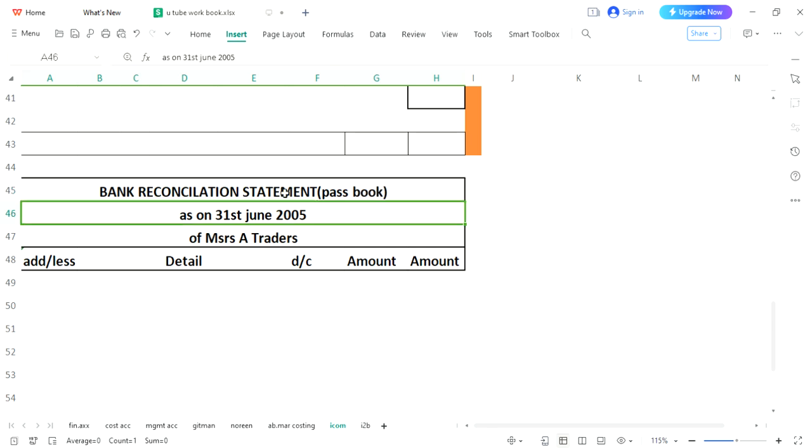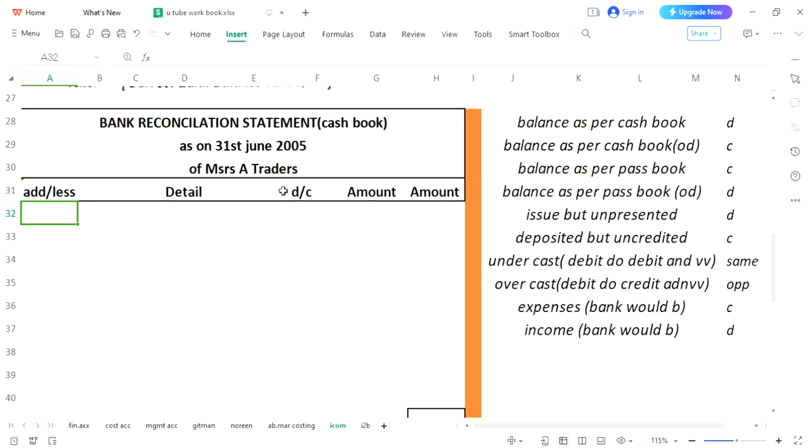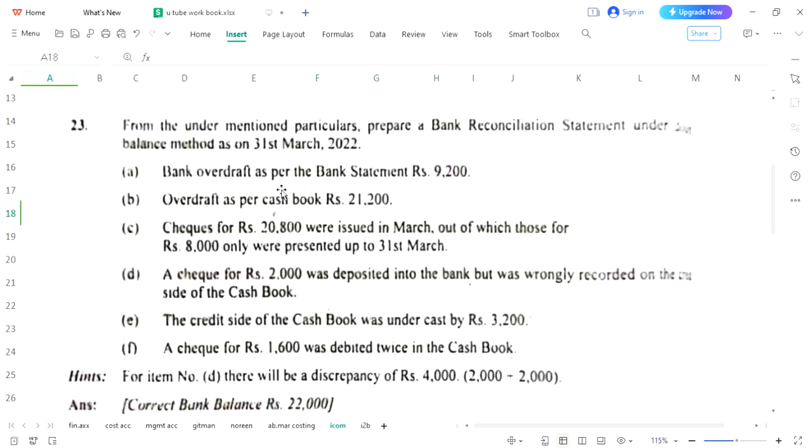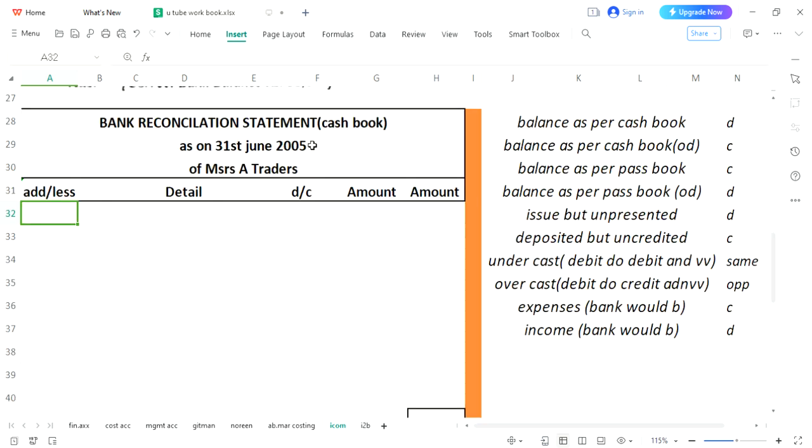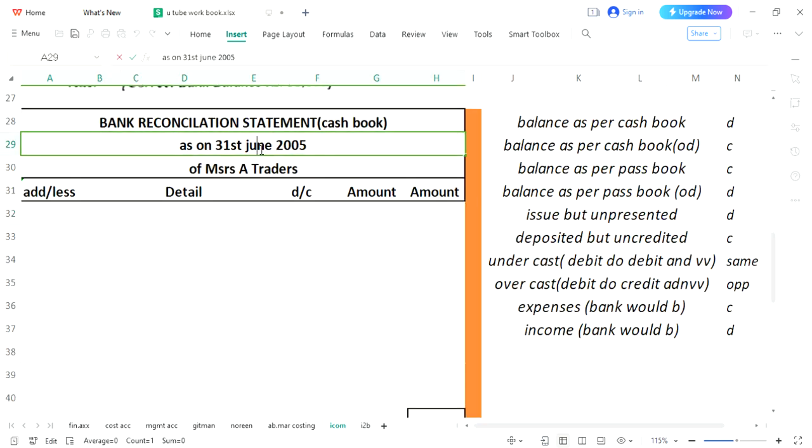So there will be two statements, one for cash book and one for passbook. Secondly, the date is 31st March. First we will correct the date. It is March. So let's write down the date.